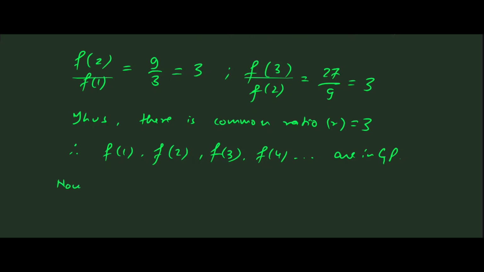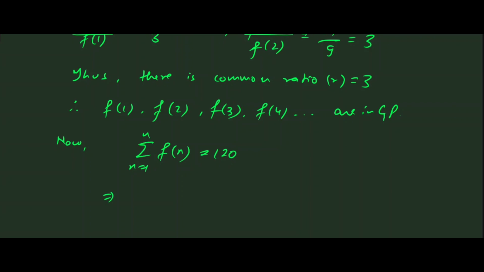Now it is given that summation of f of x from 1 to n is 120. Now this summation can be written using the formula for the summation of a GP. So Sn gives the formula, where a is the first term and r is the common ratio.